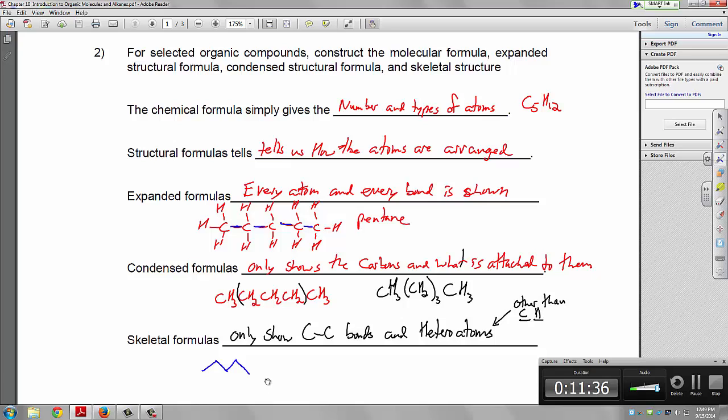Just so that we understand the importance of writing structural formulas and why C5H12 doesn't really tell us the whole story: we could have a compound that again has 5 carbons, so 1, 2, 3, 4, and I'm going to put a branch down here. This is no longer pentane. This is going to be 2-methylbutane, and we'll talk more about naming later.